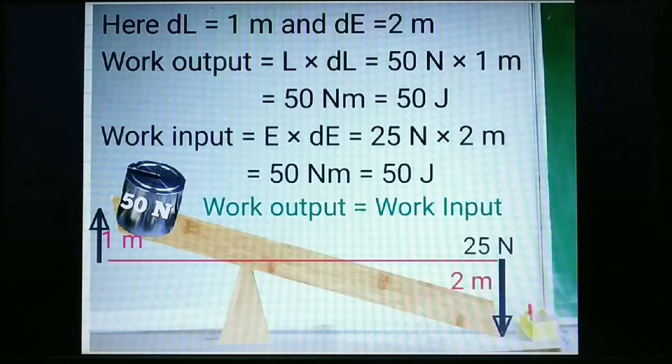So the work output is equal to load into displacement of load, that is 50 Newton into 1 meter, that is 50 joule. And work input is equal to effort into displacement of effort, that is 25 Newton into 2 meter, that is 50 Newton meter or 50 joule. So we see work output is equal to work input.